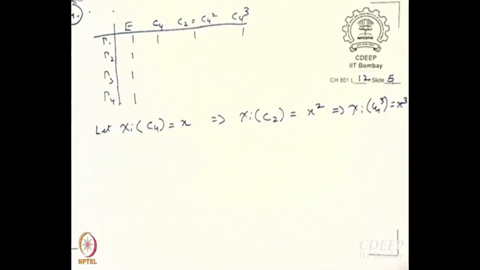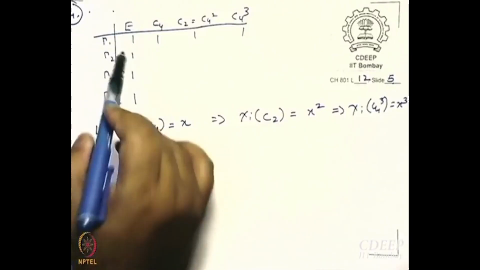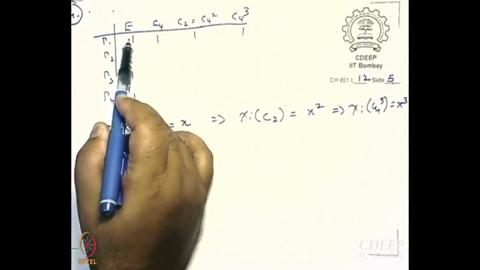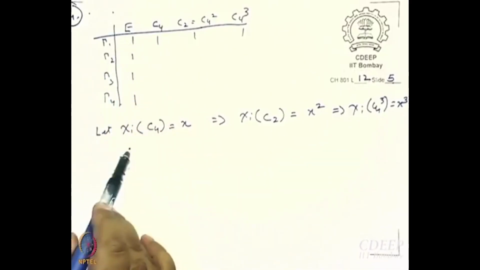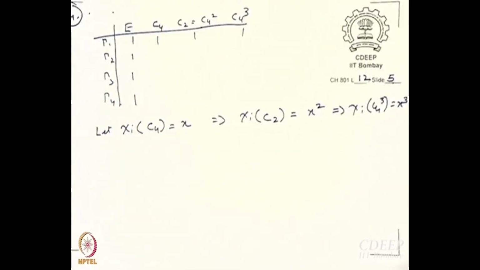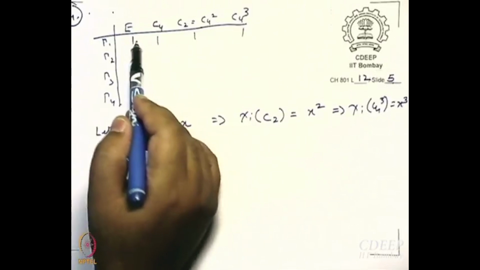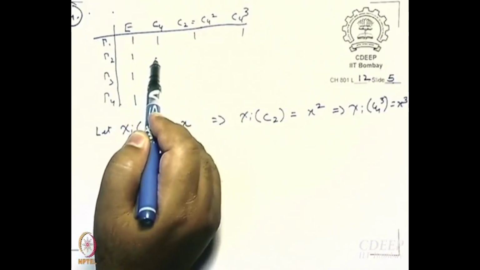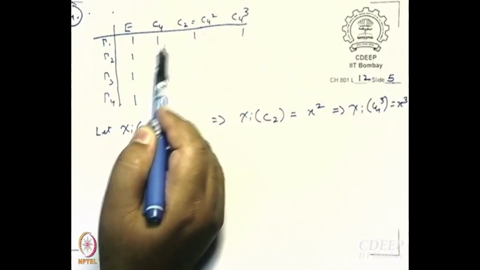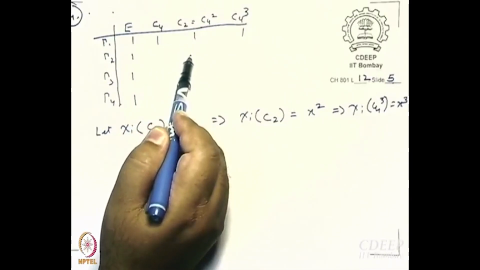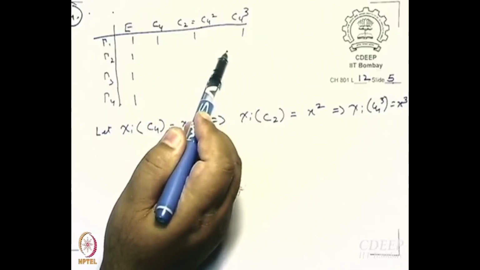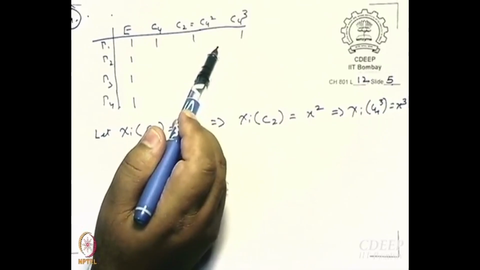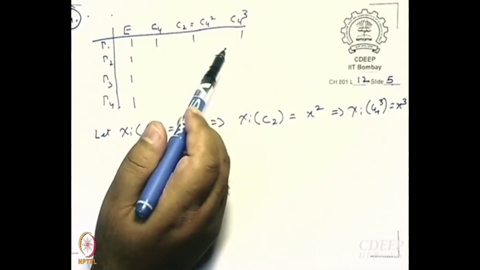Now let me use the great orthogonality theorem. Gamma 1 is an irreducible representation. Gamma i is also an irreducible representation. So what can I write? 1 multiplied by 1 plus 1 multiplied by chi i of C4 plus 1 multiplied by chi i of C2 plus 1 multiplied by chi i of C4 cube is equal to 0.